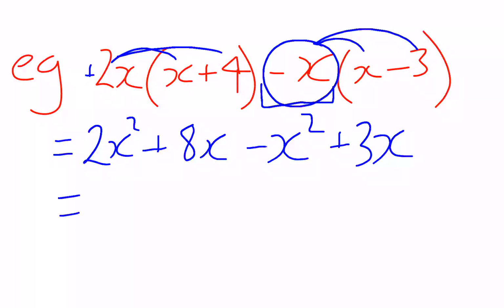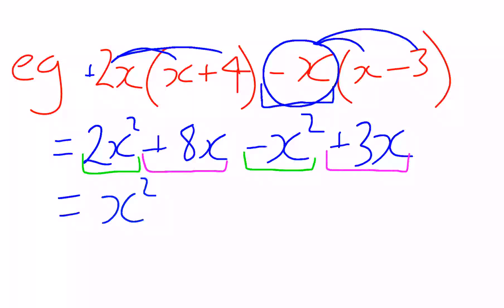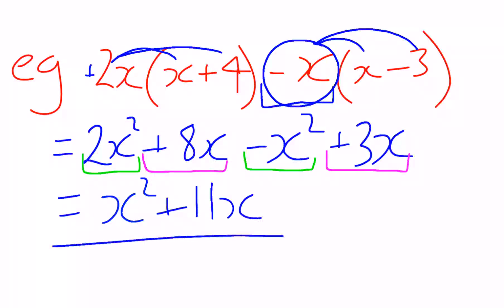Simplify by gathering like terms. 2x squared minus x squared is x squared. And plus 8x plus 3x is plus 11x. And I have my answer.